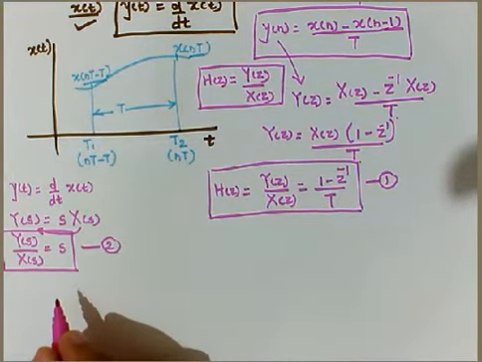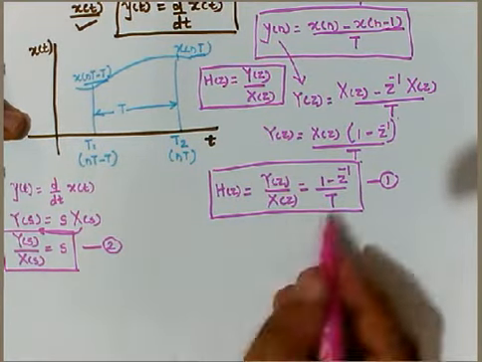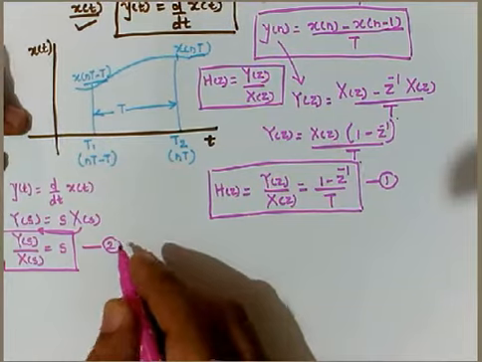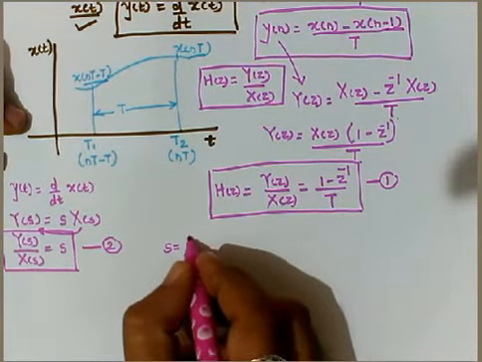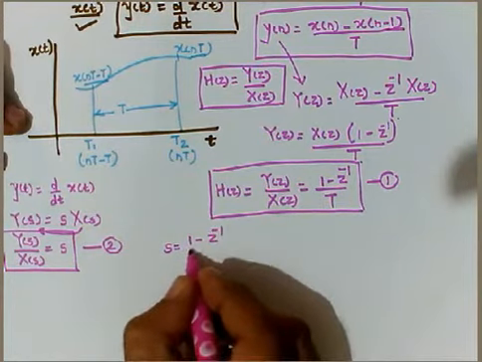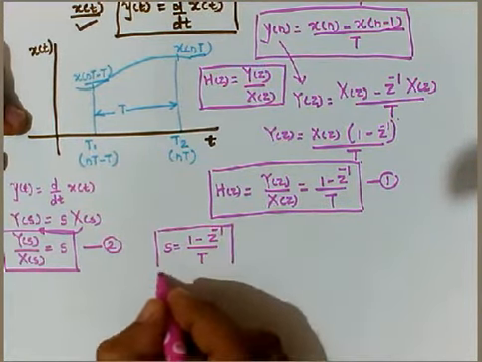Now by comparing equation 1 and equation 2, it can be easily said that s is equal to 1 minus z inverse by T. This is the simple replacement.